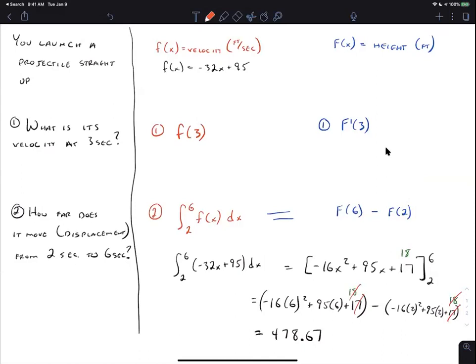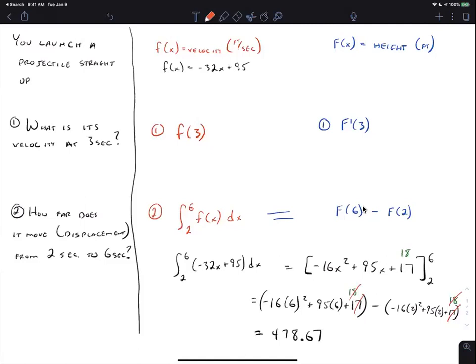Now that corresponds to the plus C thing that we've all seen before. But the fact that this is equal to this, that is the more important half of the fundamental theorem of calculus.